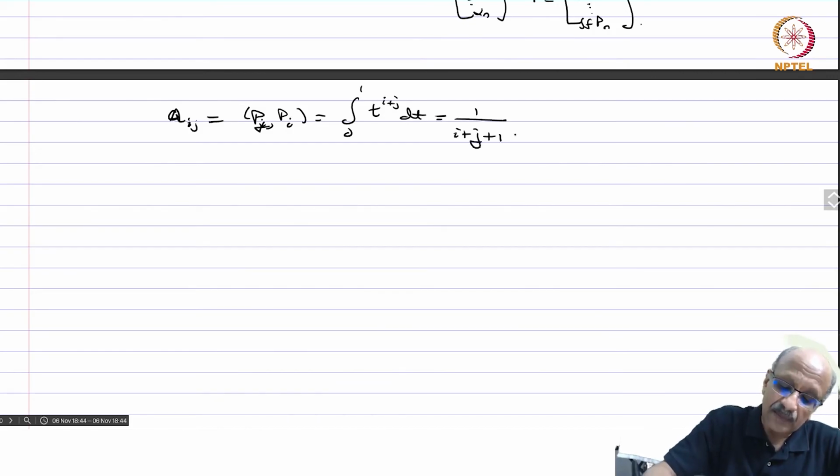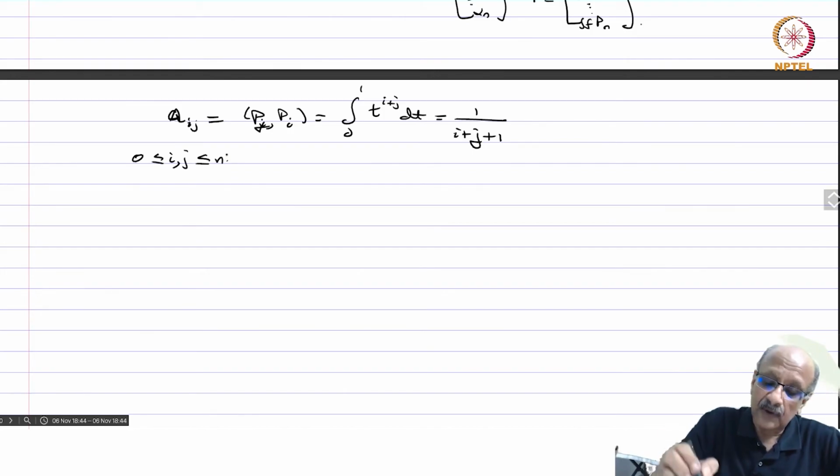So this is a nice symmetric matrix, for 0 less than or equal to i, j less than or equal to n. So this is an n plus 1 by n plus 1 matrix, and in fact it's positive definite also, you can check that because these are basis vectors. Okay, so it can be solved, but when n is large, this is a very bad matrix.